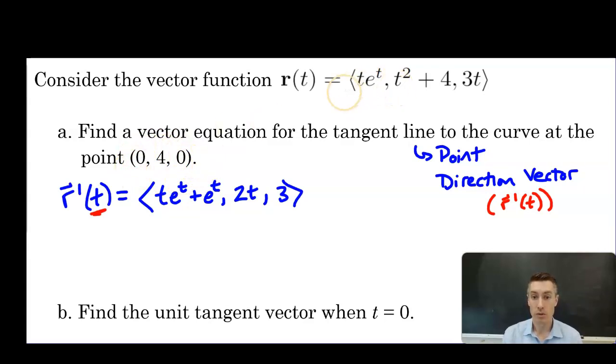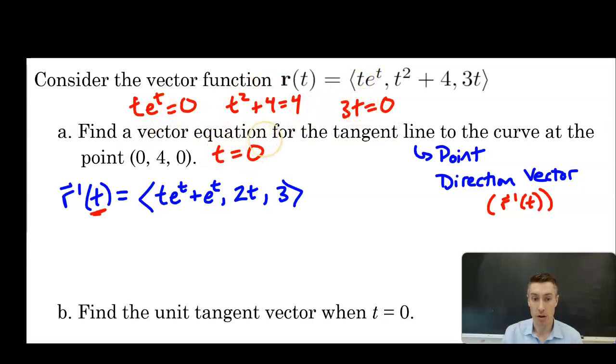So we need to use the original function r of t to figure out what value of t generates the point 0, 4, 0. Essentially we're saying t e to the t equals 0, t squared plus 4 equals 4, and 3t equals 0. What t value makes all 3 of these equations true? Hopefully we can all agree pretty easily that that's going to be t equals 0.